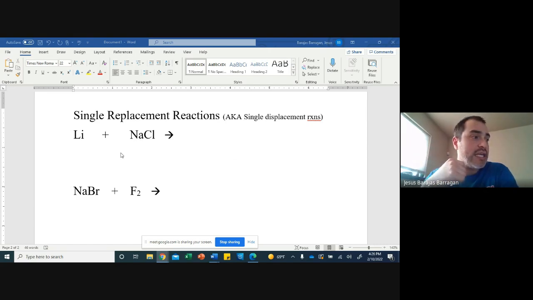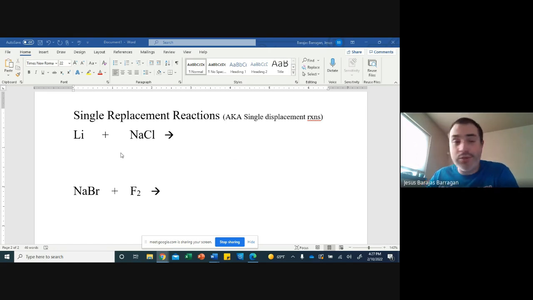So basically, likes replace likes. And you can also think of it this way. If lithium has a positive charge on the periodic table and sodium has a positive charge on the periodic table, they can replace each other because they have the same charge. Lithium cannot replace chlorine because lithium is a metal, chlorine is a non-metal. So we cannot replace that one.